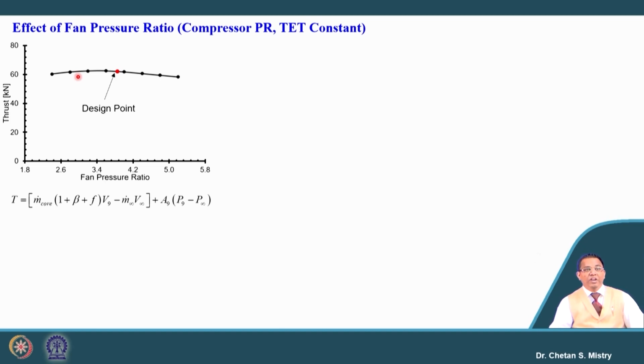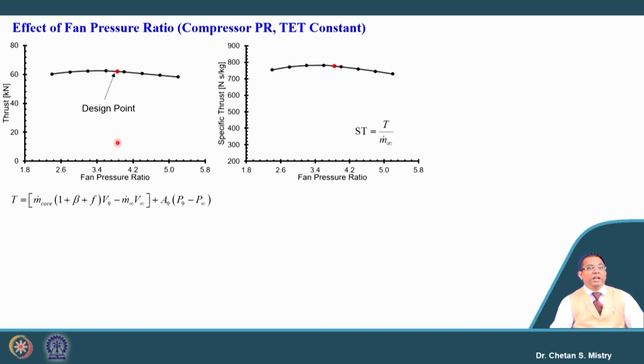The reason is clear: this fan is rotated by our LP turbine. So, when we increase our fan pressure ratio, the work required to rotate that fan will be higher, and that will lead to a reduced exit temperature from the LP turbine. That affects our exit velocity, and that is why we have a reduction in thrust, but that number is smaller.